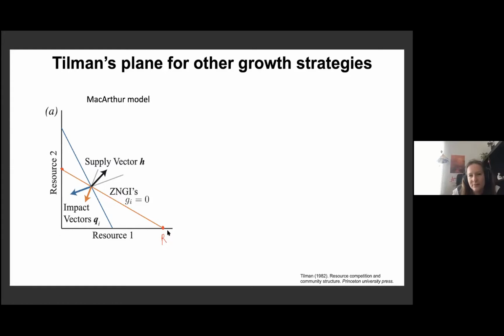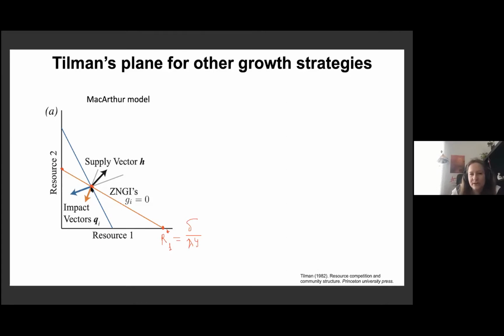So here will be R star 1. And this R star 1 you will reach in the absence of the second resource. So in a nutshell, it's just your dilution or death rate divided by your growth, which is lambda and yield. And then if you have several microbes, this intersection is what sets your community.